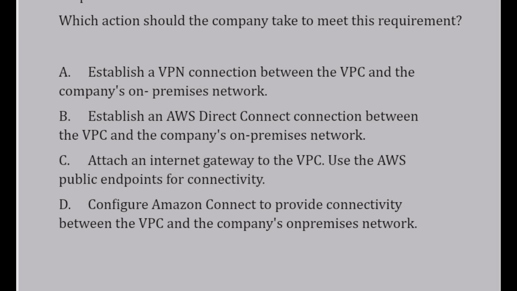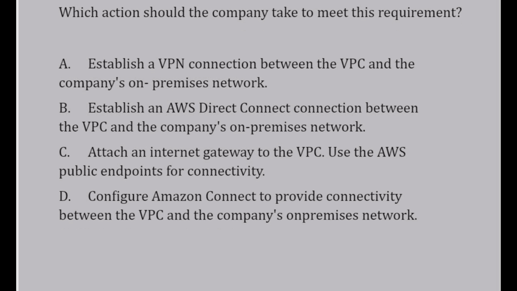Option B, establish an AWS Direct Connect connection between the VPC and the company's on-premises network. Option C, attach an internet gateway to the VPC. Use the AWS public endpoints for connectivity. Option D, configure Amazon Connect to provide connectivity between the VPC and the company's on-premises network. Correct answer is option B.